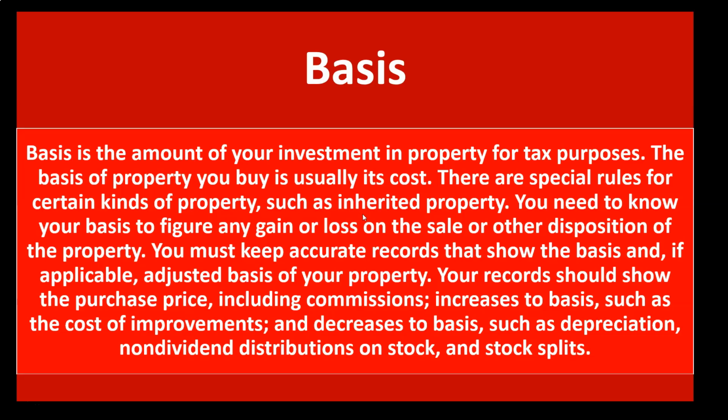But if it's a longer kind of situation, the broker is more likely not to have the information, right? They might not have the information if it was inherited and that you've held on to this thing for a very long period of time, especially if you've changed from broker to broker, then that's where it becomes a more complex type of situation. You need to know your basis to figure any gain or loss on the sale or other disposition of the property.